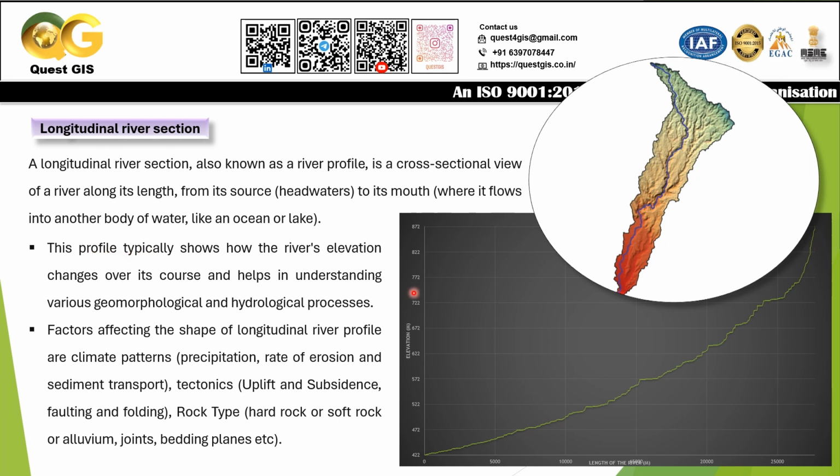The profile that we draw for a river path shows how the elevation, this is the elevation on your y-axis, changes over its course, and helps in understanding various geomorphological and hydrological processes. You see the path of the river is not continuous, but it has many ups and downs. What these ups and downs are, we will see in the next slide.